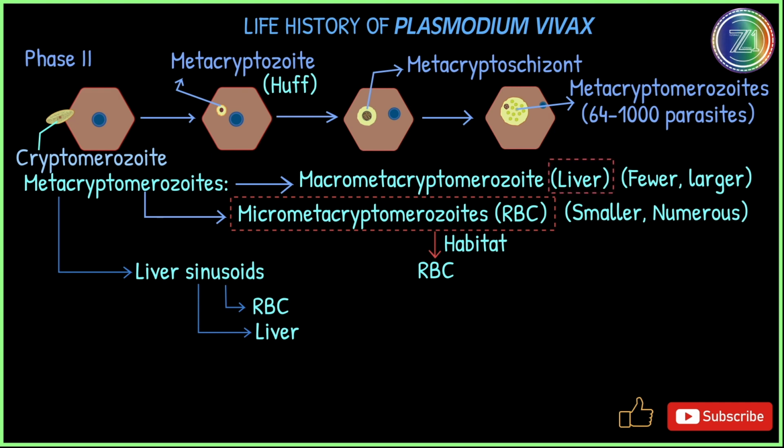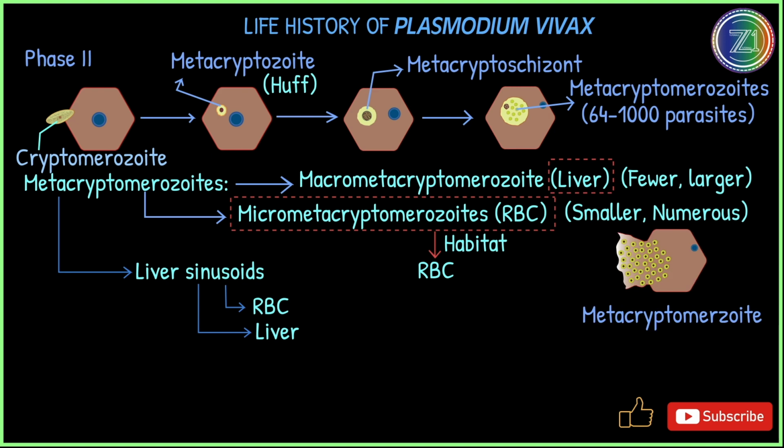After this stage, once the metacryptomerozoites have been formed and they are of two types, we come to the next phase where the schizont is going to be released. Released how? The liver cell is going to break.